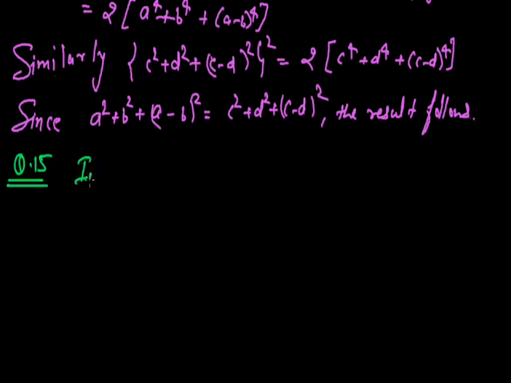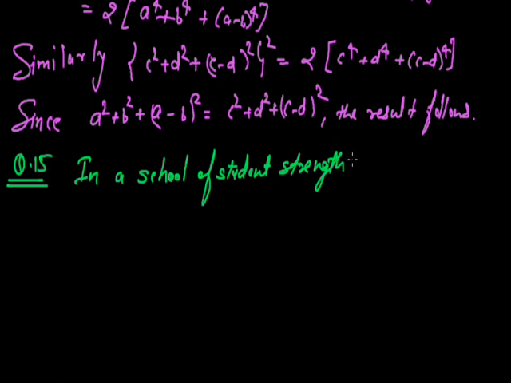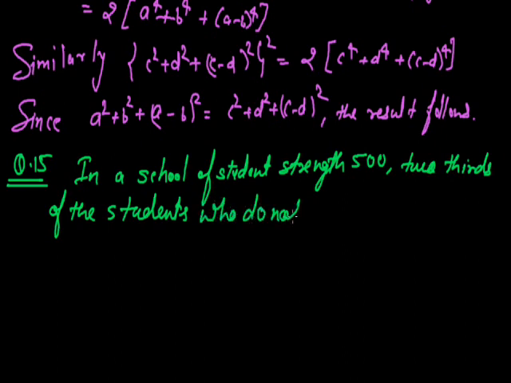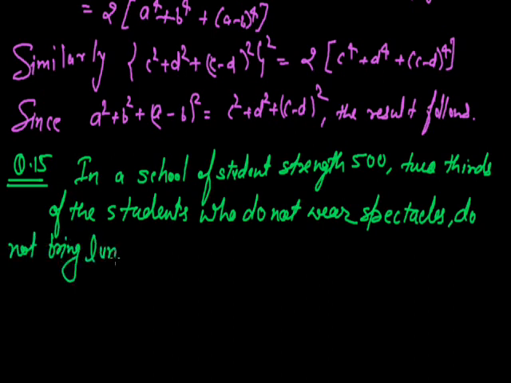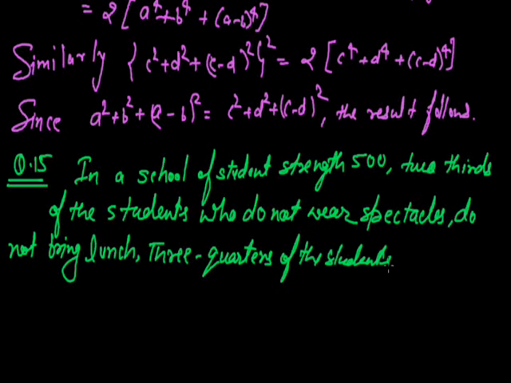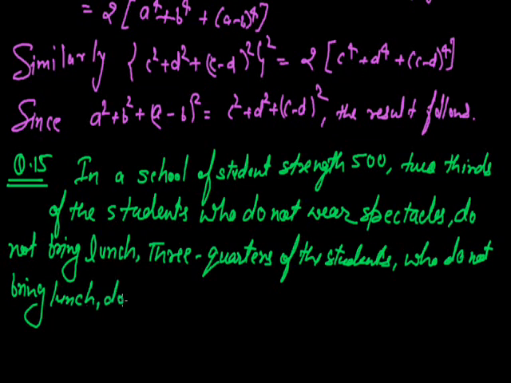Next, question number 15. In a school of student strength 500, two-thirds of the students who do not bring lunch, three-quarters of the students who do not bring lunch do not wear spectacles.